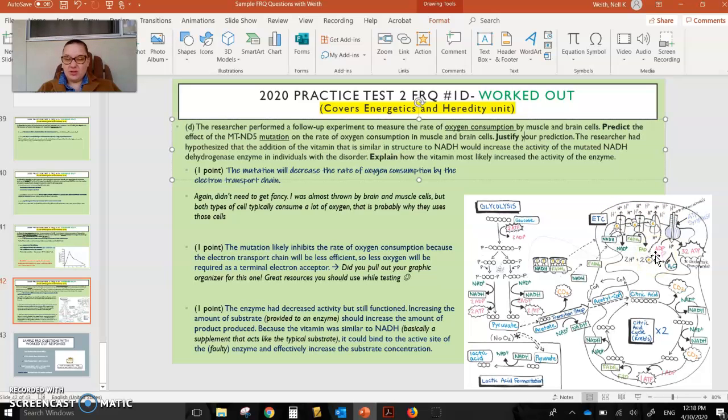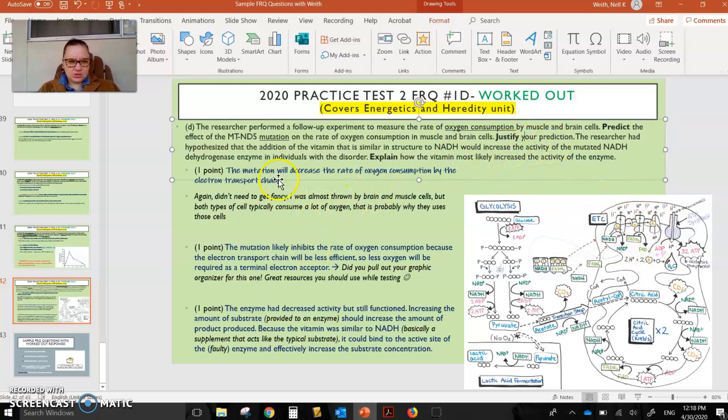You likely are in a pretty low energy state. So the mutation will decrease the rate of oxygen consumption by the electron transport chain. I think that's a great answer. You don't need to be too fancy, but of all the things we did learn about, these graphic organizers for cellular respiration and photosynthesis, that's a pretty detailed answer. You can't just say you won't make ATP. That's not quite enough there.